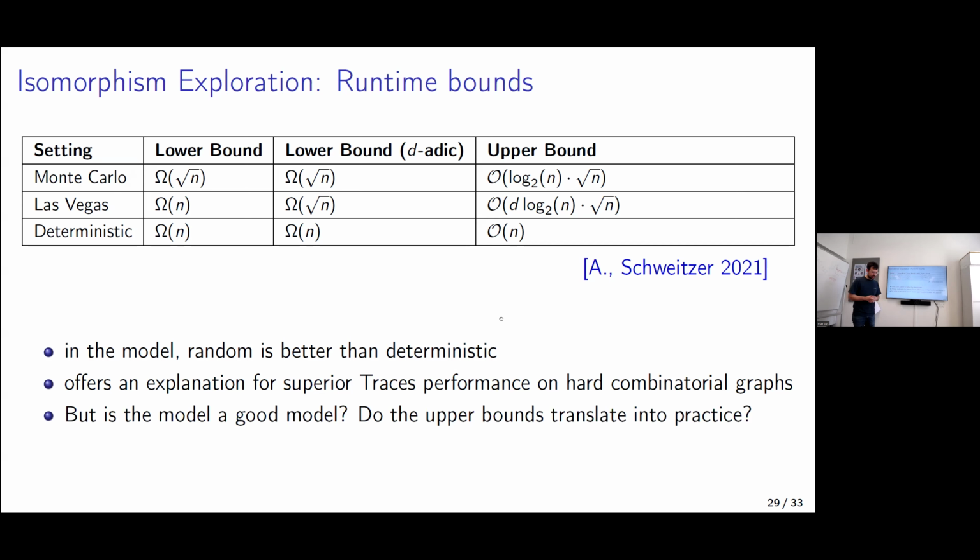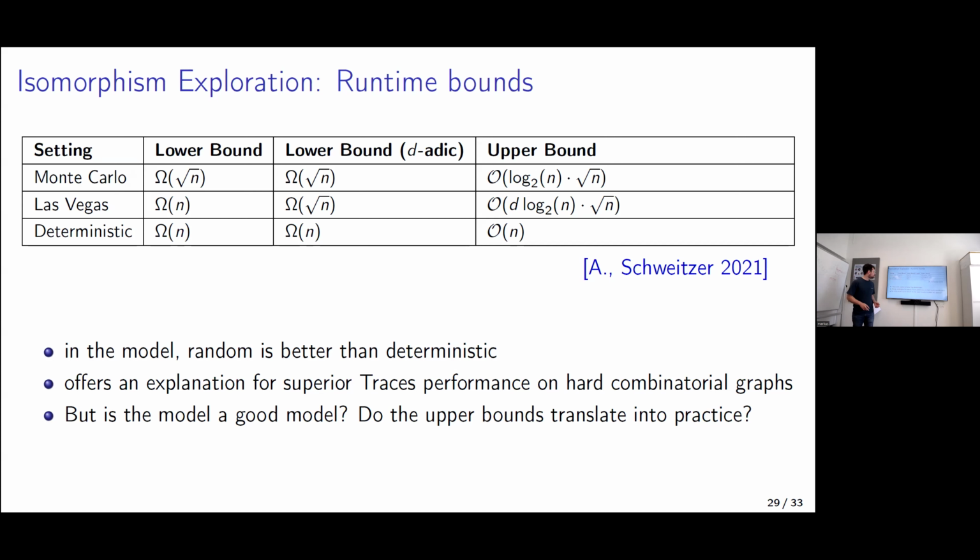Maybe the question now is, is the model a good model? We could talk about whether it actually models these algorithms, but we would have to go into detail there. Maybe an easier question is, do the upper bounds actually translate into practice? I've claimed that this Monte Carlo strategy is better than all of the other strategies.